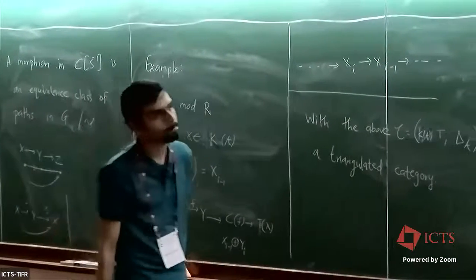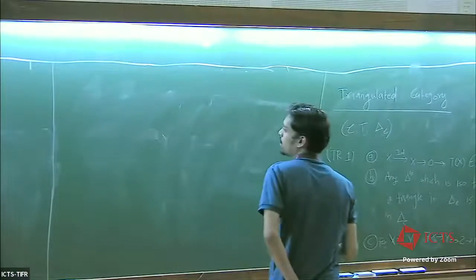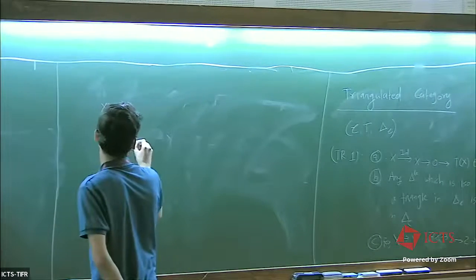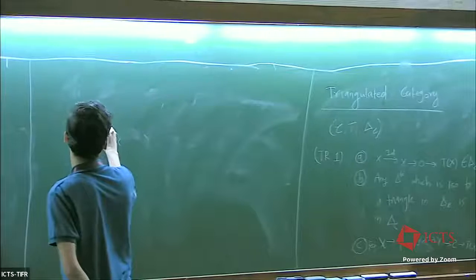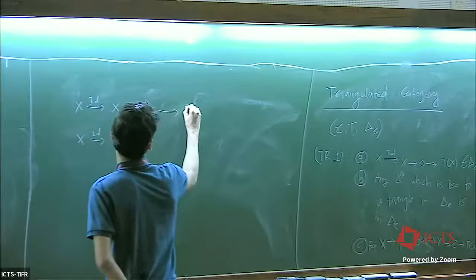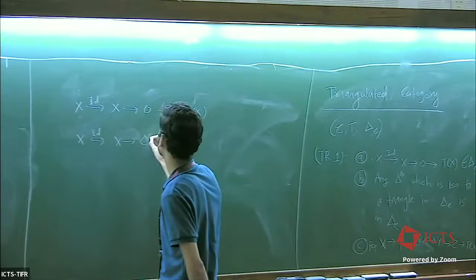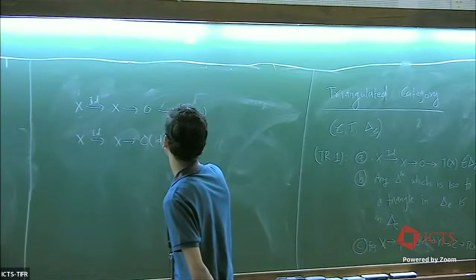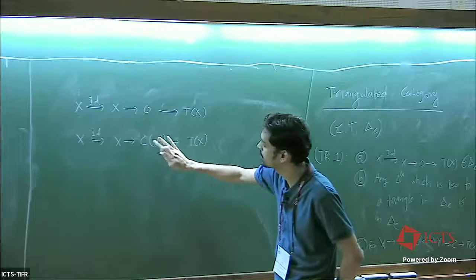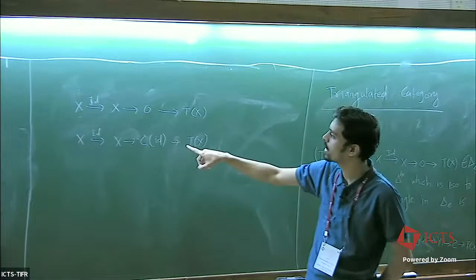And to show that this is a distinguished triangle, what I will show is that X to X is isomorphic to this distinguished triangle in the homotopy category.